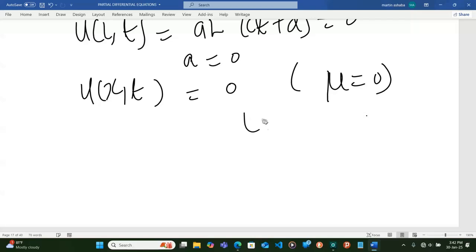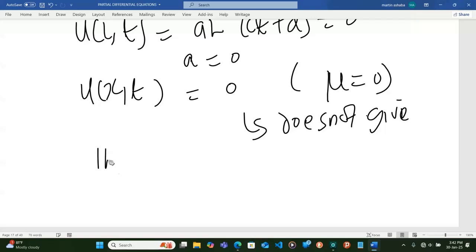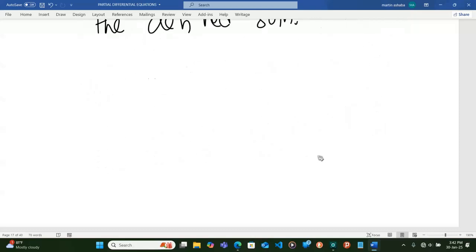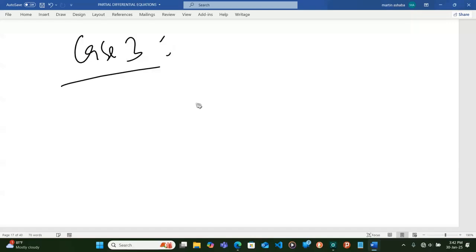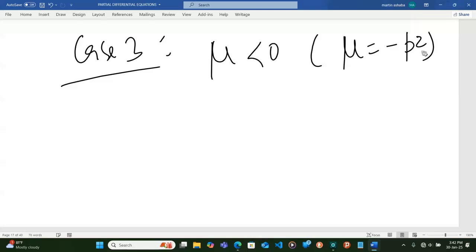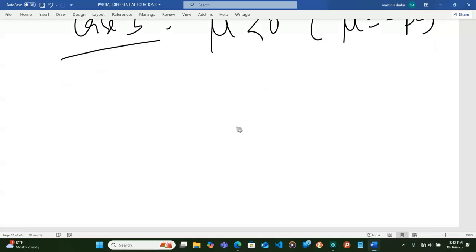So this does not give the desired solution. So this leaves us with the only option, case 3, where nu is less than 0, that means nu will equal negative p squared. So what does that give us?